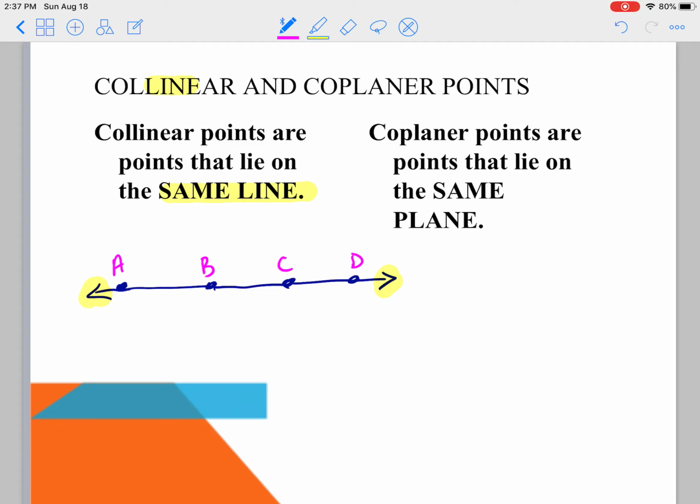Therefore, we can say that points A, B, and C are collinear. They're all on the same line.